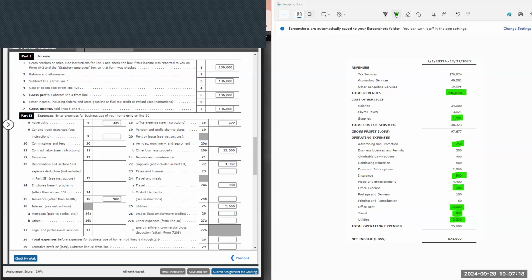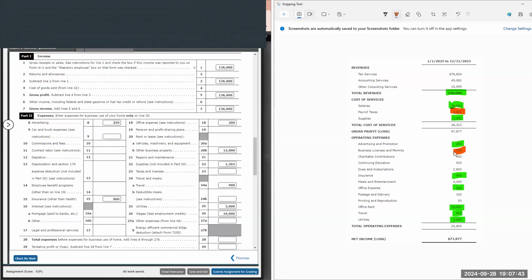Next, we have our wages. And our wages, as we see here, are $34,000. So we cross that out. And then here we see for our taxes and licenses, how do we determine the amount? I'm going to put it in a different color. We have payroll taxes of $3,021.